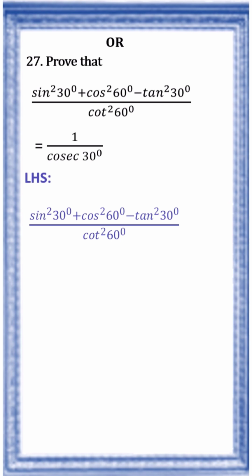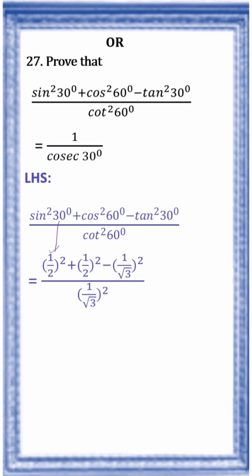Now let us apply the values. Sin 30 is half, so half the square. Cos² 60 is also half square. Minus tan 30 is 1 over root 3 the whole square, tan² 30. Cot² 60 is 1 over root 3 the whole square.